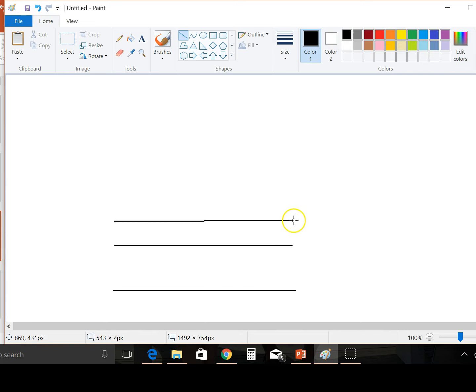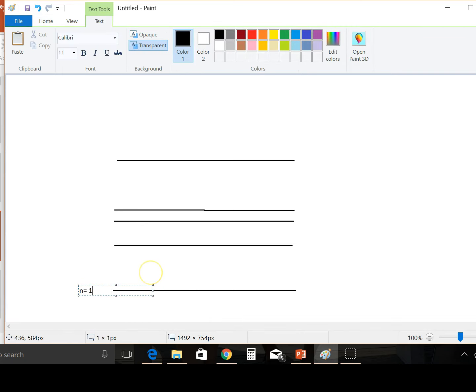Notice I drew the third line closer to the second line than I did the first line. And the fourth line is even closer still to the third line. All I'm doing here is showing convergence. You have to make sure that you show convergence. Now the final line is farther away than all the rest.